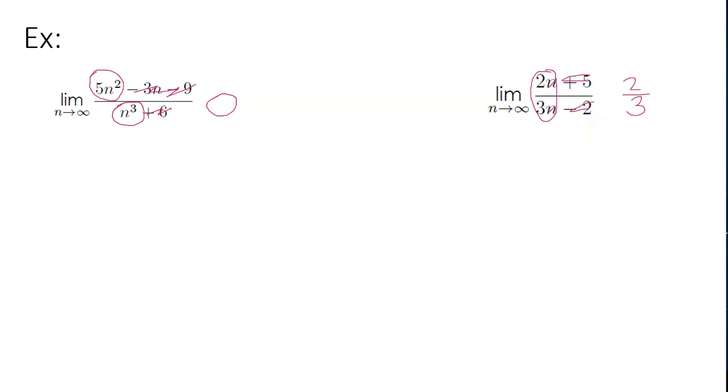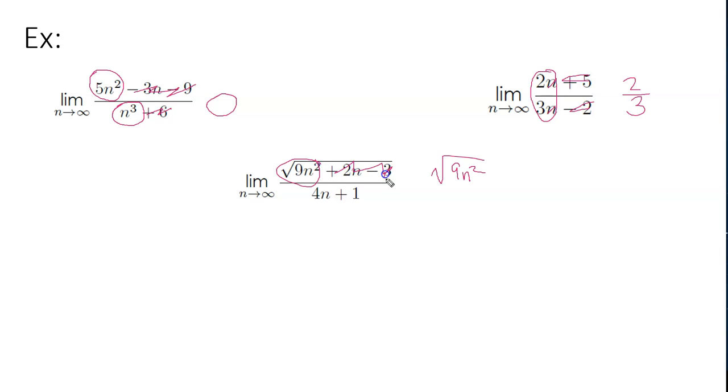Okay. Let's look at a different one. Now this is what I mean by it's kind of a polynomial, but it's really not a polynomial, but I'm going to call it a polynomial anyway because it makes our life easier. Notice here on top we have the square root of 9n squared. So the square root of 9n squared is the important thing on top.